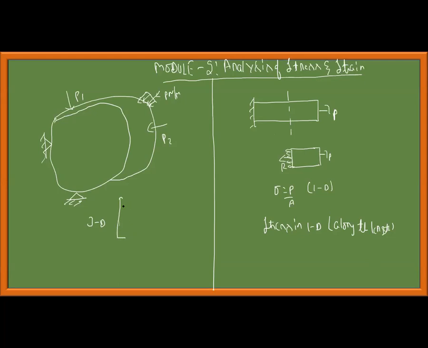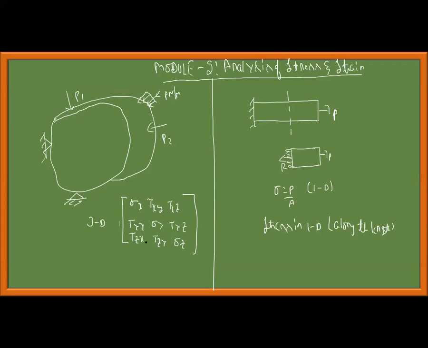Generally, I can write 9 stress components. Sorry, 9 stress components. Others are complementary. We will discuss later. Sigma x, tau xy, tau xz, sigma y, tau yx, tau yz, tau zx, tau zy, sigma z.